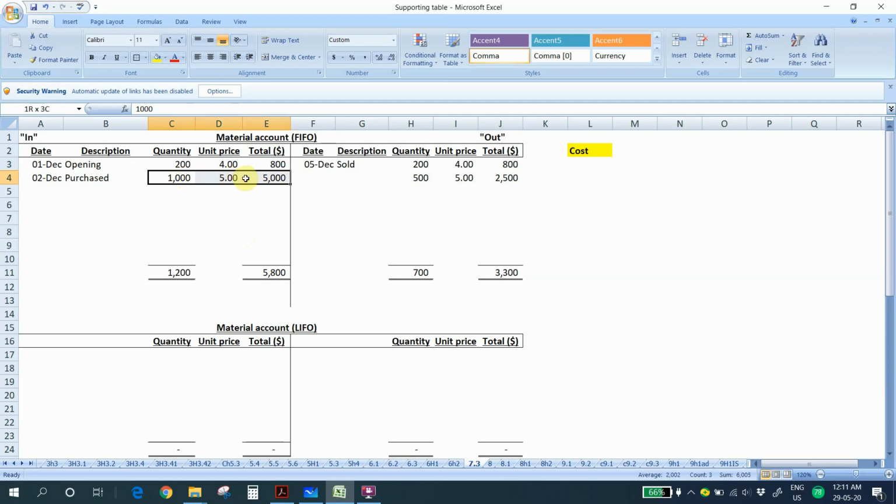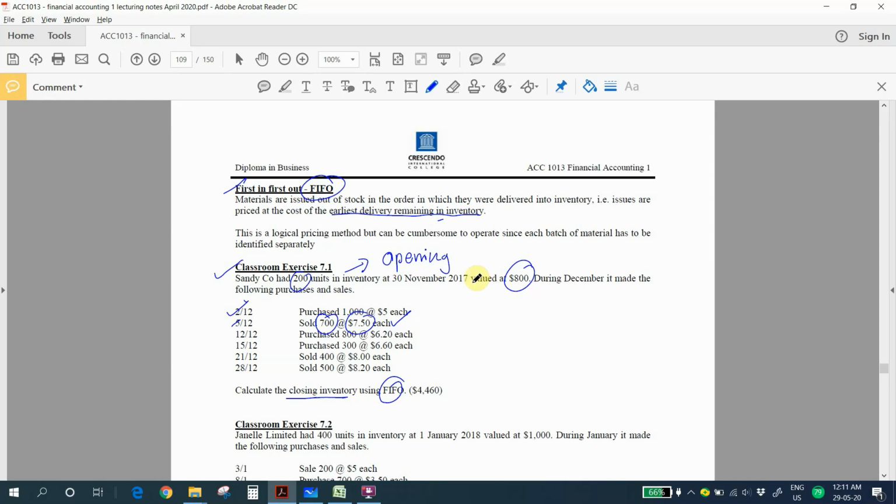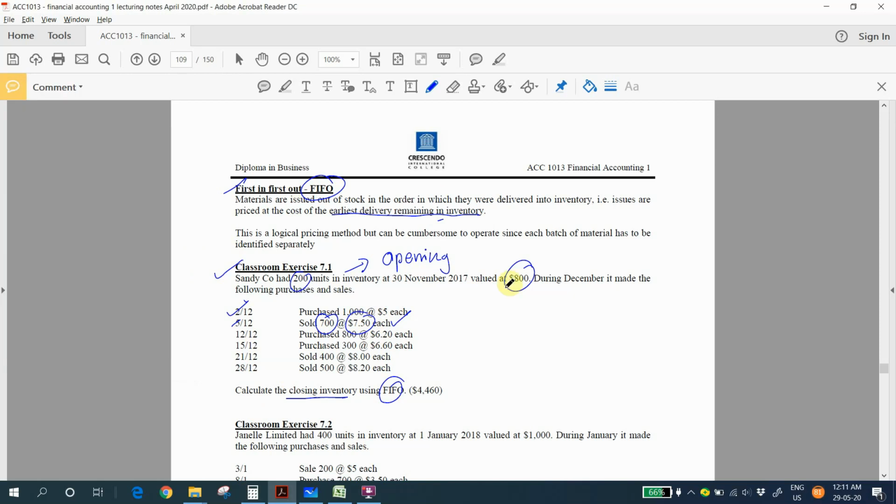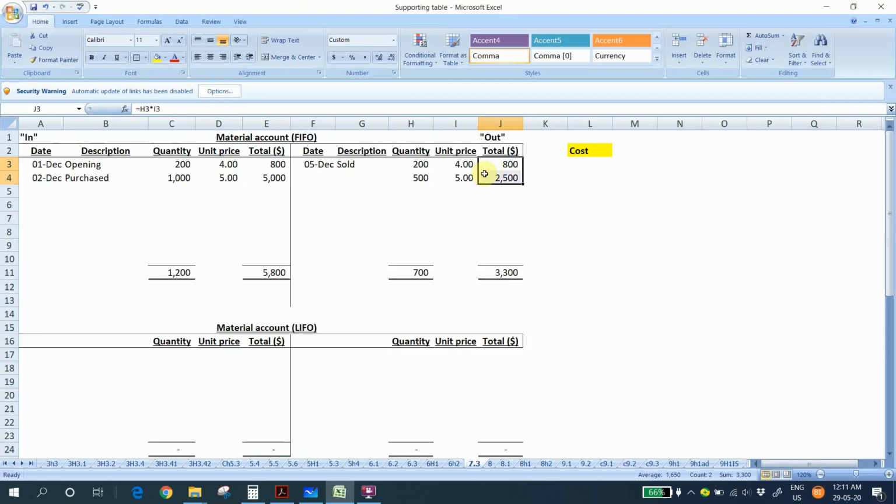From this second batch we will issue 500 units out, and the cost for these 500 units is $5 each. We follow the in price here. So for these 700 units sold to our customer, the total cost is 3,300, and the selling price is 700 times 7.5, which is 5,250, and our cost is 3,300 only.